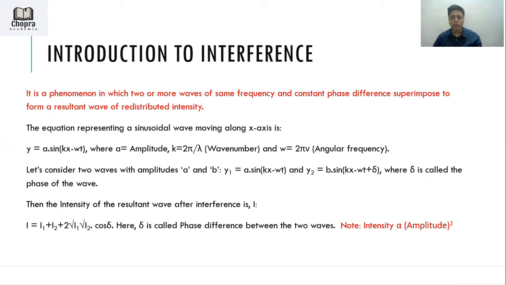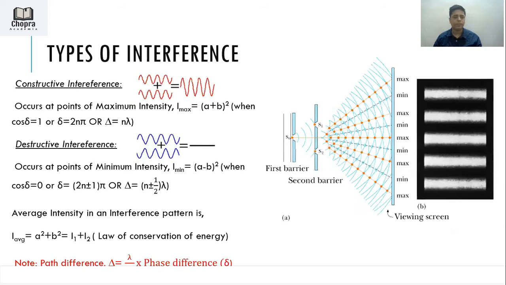What are the types of interference? Mainly we know that there are two types of interference. One is constructive interference, wherein, as you see in the diagram, two waves of the same phase superimpose on each other, and the resultant intensity of the wave, the interference pattern, is much higher.